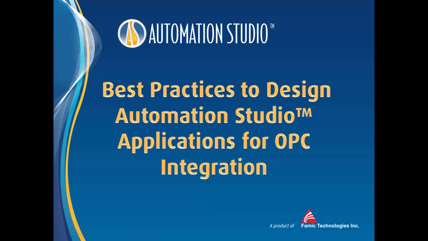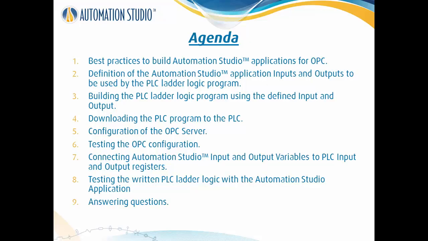So I'm just going to go very fast over the agenda, what we're going to be covering. Basically, we're going to build an Automation Studio application, and then define the input and the output to be used for the PLC ladder logic program.